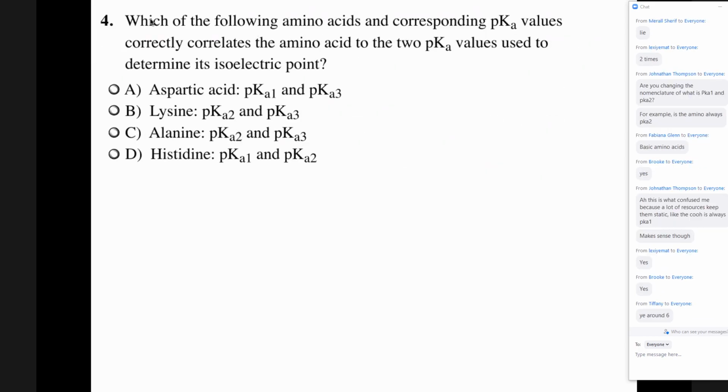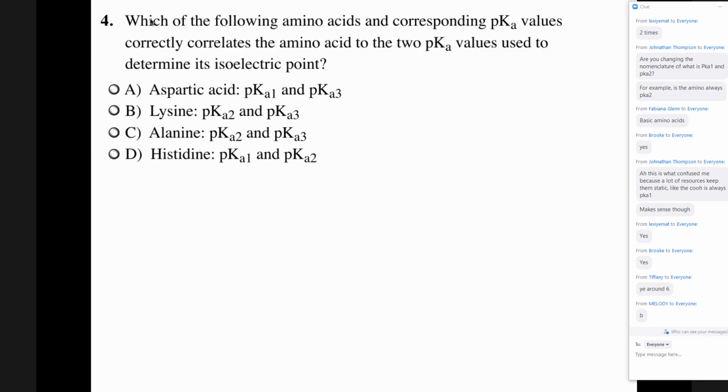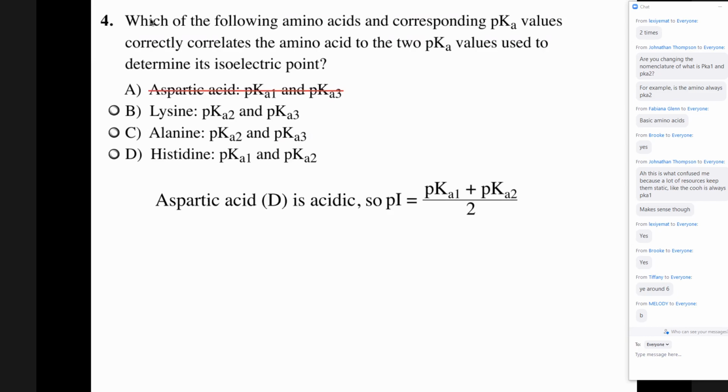You have 10 seconds. Choice A, good or bad? A is bad because you never average pKs that are far apart. It's always consecutive: 1 and 2, 2 and 3, 3 and 4, always sequential.